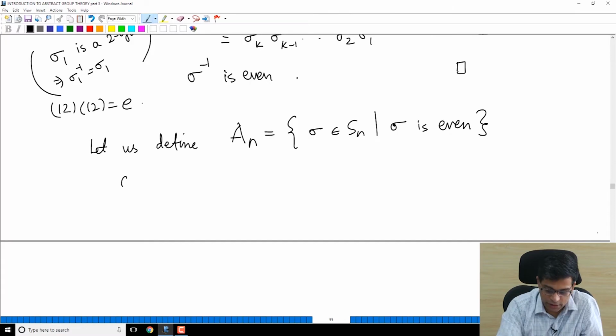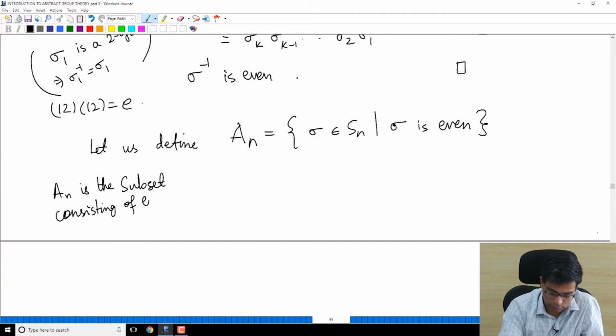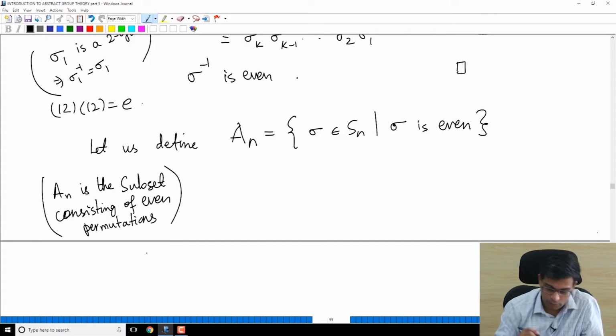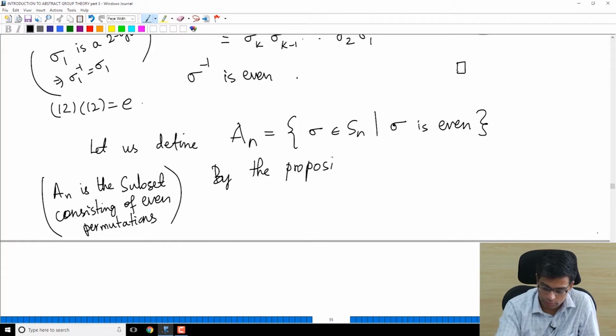So this is the subset consisting of even permutations, right? I am taking all the even permutations. By the proposition, okay, so actually almost by the proposition, An is a subgroup of Sn.